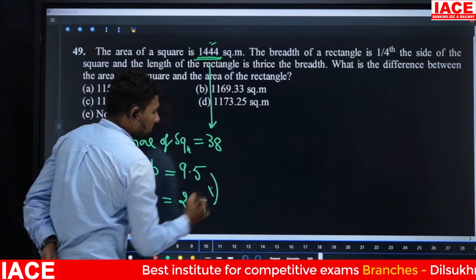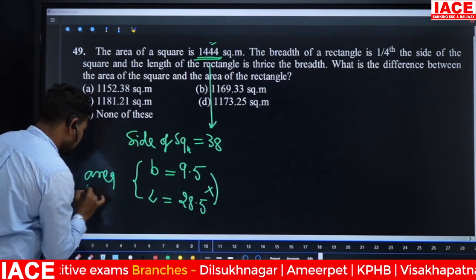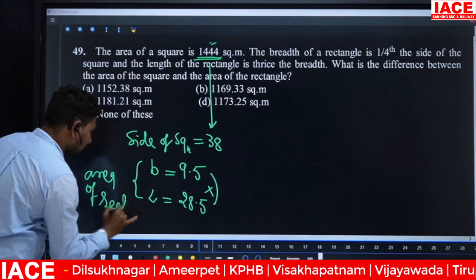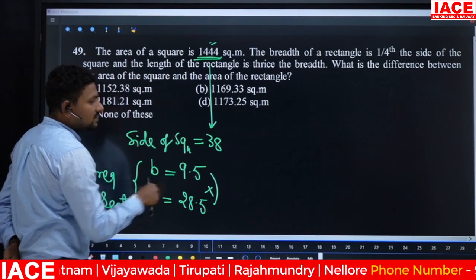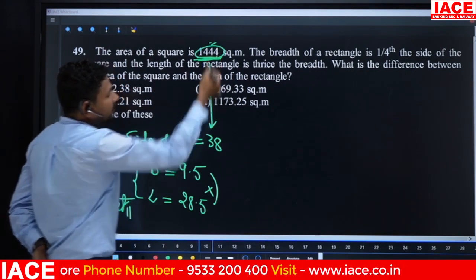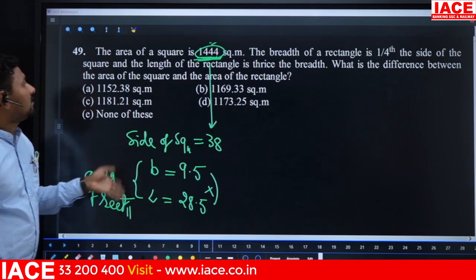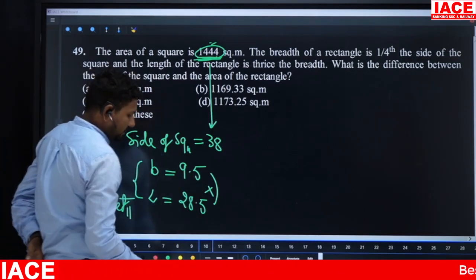Then both are multiplied to get the area of the rectangle. Area of rectangle is equal to length into breadth. Already we know the square area; from the square area, the rectangle area will be removed. Then multiplying 28.5 and 9.5, how to calculate?